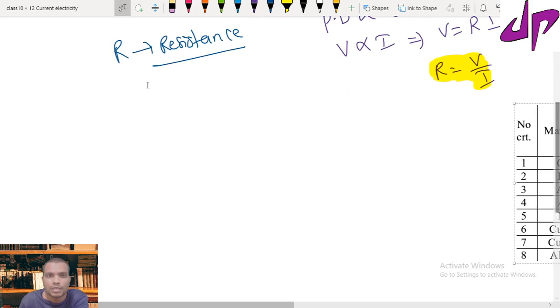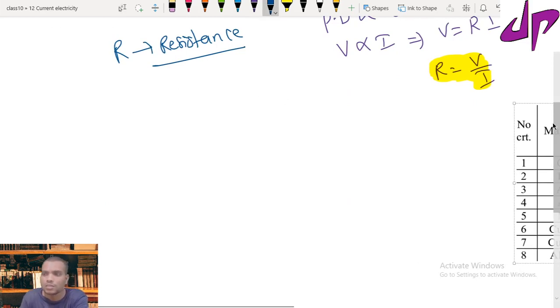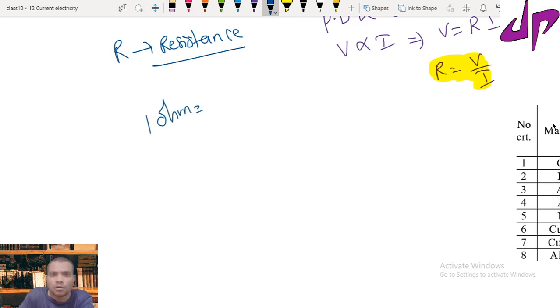Resistance is represented in ohms. We define 1 ohm equal to 1 volt upon 1 ampere. This is the unit of resistance.